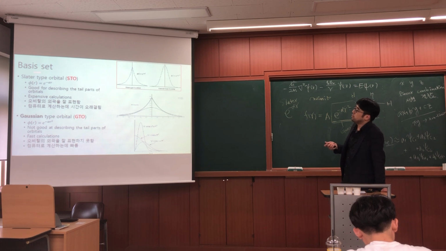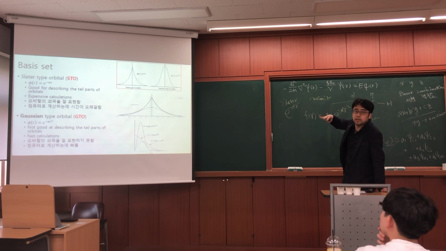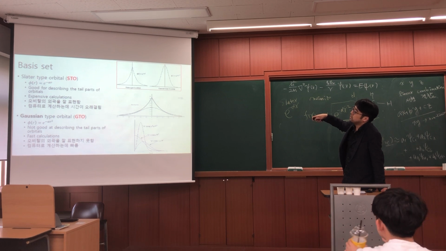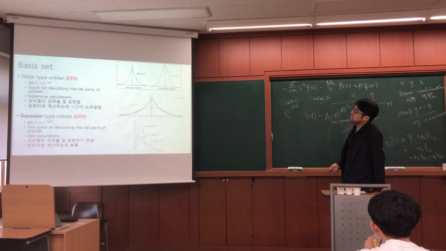The advantage of Slater type orbital is that they are good for describing the tail part of orbitals. So they are a little more accurate than Gaussian type orbitals. But the disadvantage is that they are expensive. The computers don't like to do this calculation. The exponential minus alpha r is a little expensive.